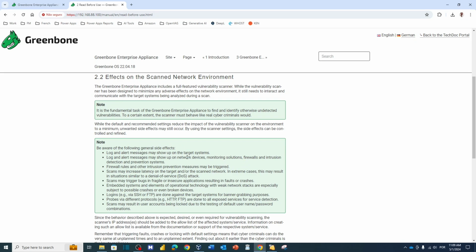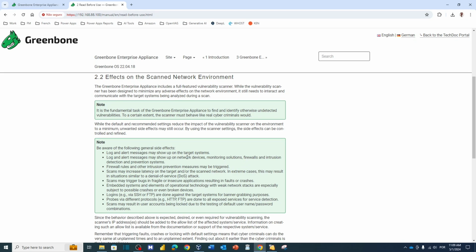So you are connected to a network and you are performing scans. Make sure you are aware that the scan can leave logs on the target system, and that can capture your IP address, your MAC address, maybe your computer name. You need to be aware of that. That's why we need authorization first.